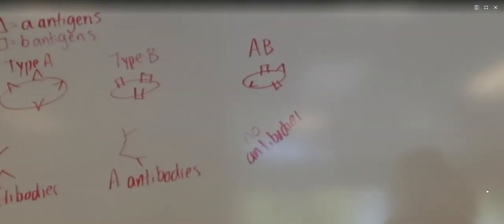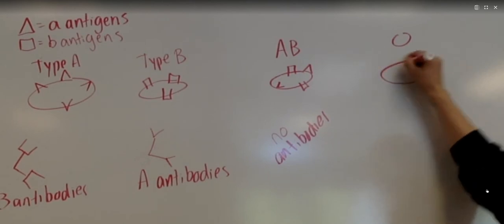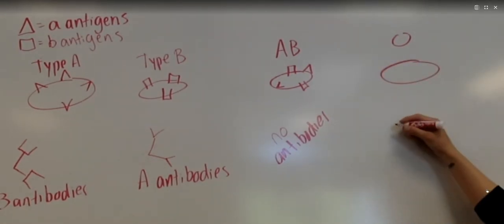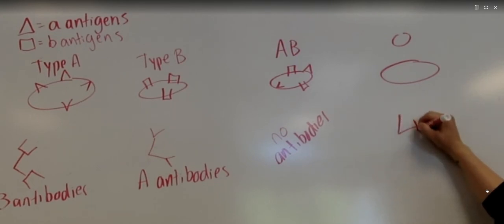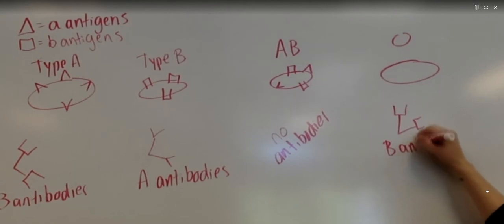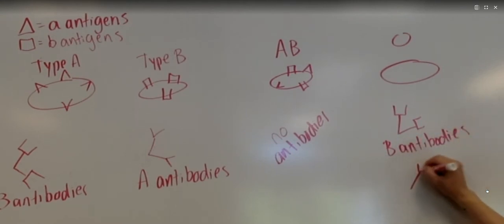Okay, last one. You've got O-type blood. You have got a naked blood cell. It has neither A nor B antigens, but it has got both B antibodies and A antibodies.